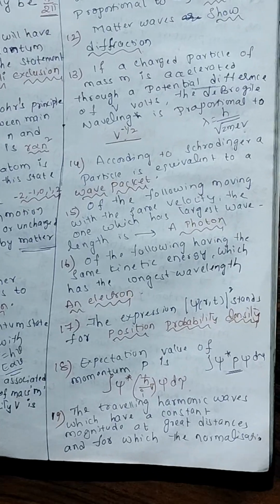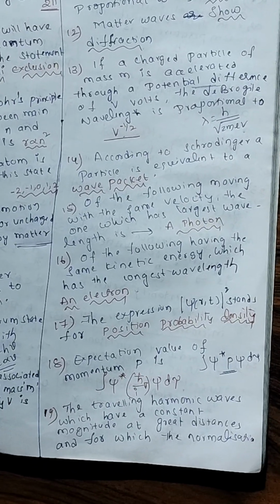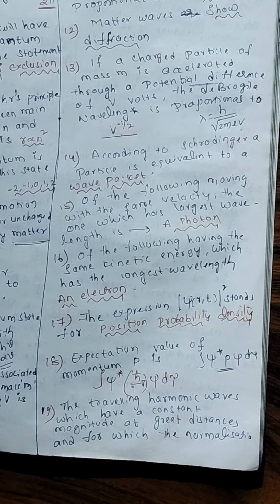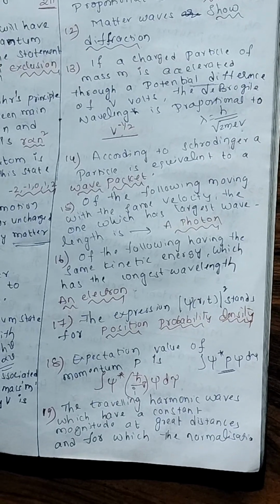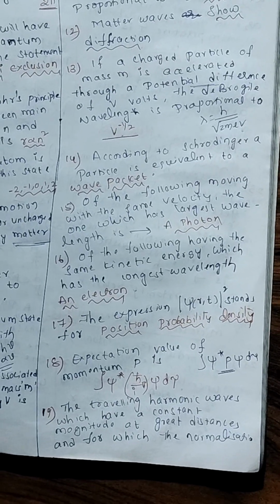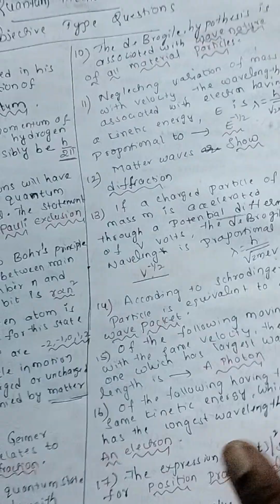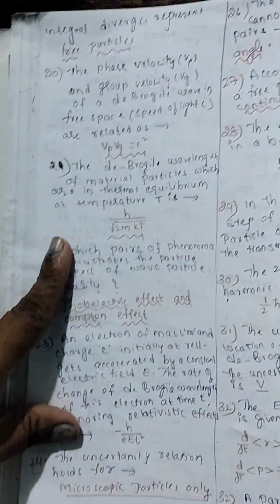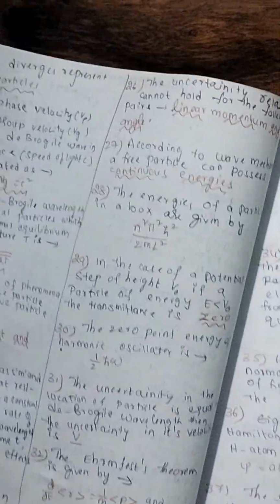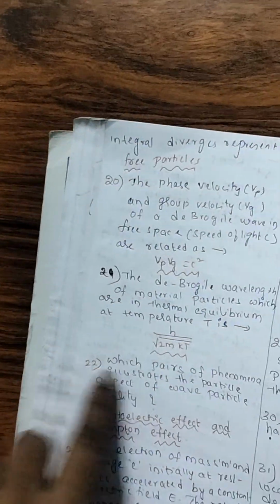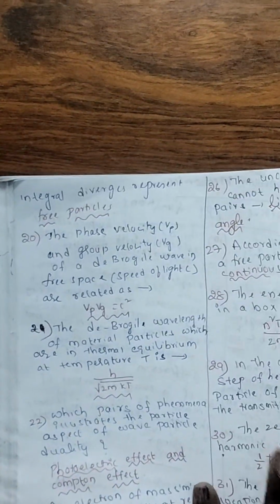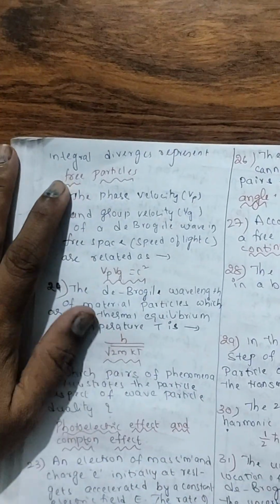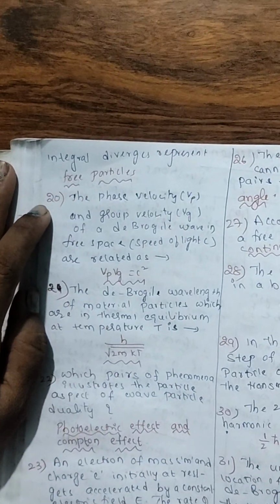Now next, the traveling harmonic waves which have constant magnitude at great distances and for which the normalization integral diverges represent free particles.